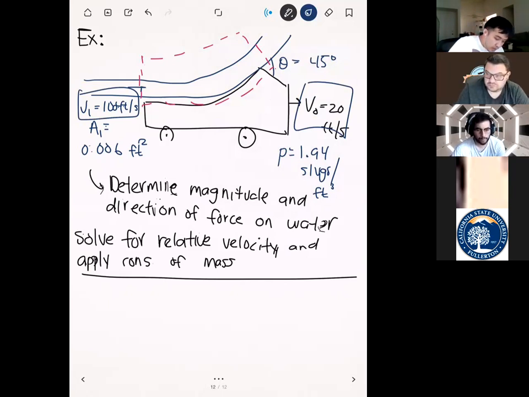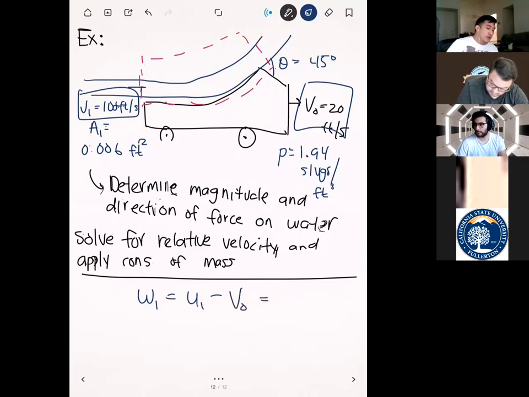So let's compute W1. W1 is just the fluid velocity U1 minus the velocity of the control volume, V naught. In this case, they're both going in the same direction, so they're both positive and we don't have to change any signs. So we do 100 minus 20, and we get 80 feet per second. So that's W1.